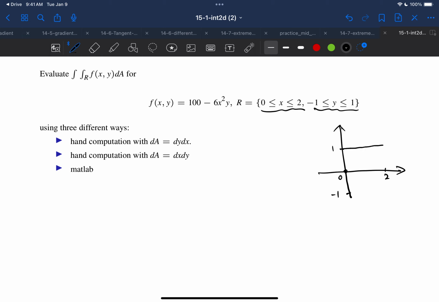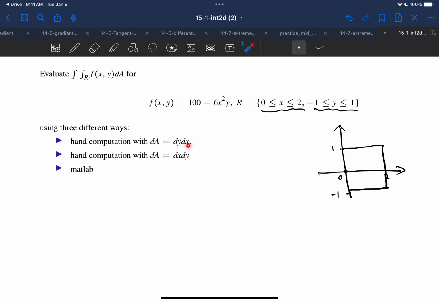Then the rectangular domain R is given by this, and we can think of a surface or a tent planted on this bottom. The surface is given here.